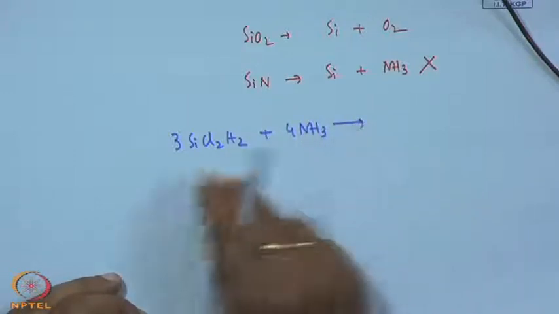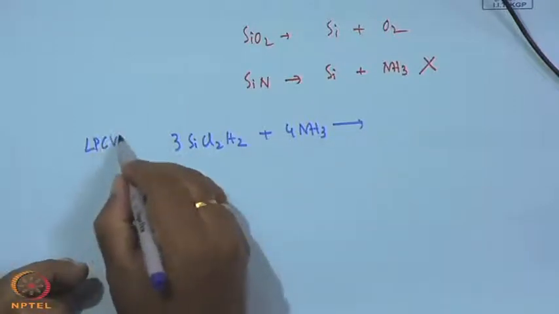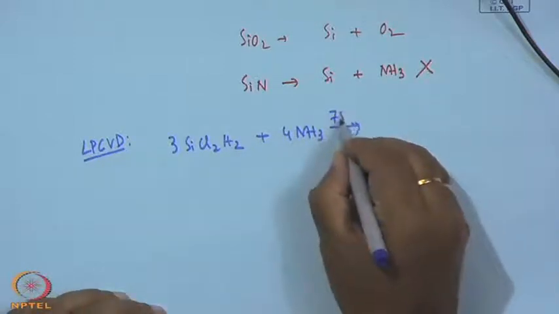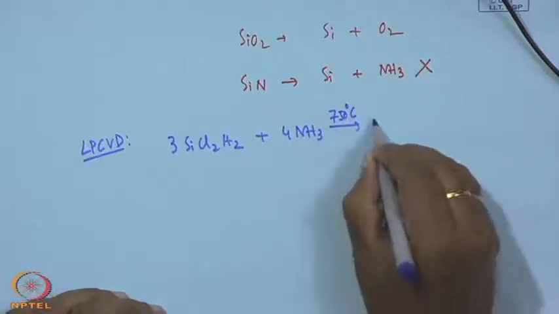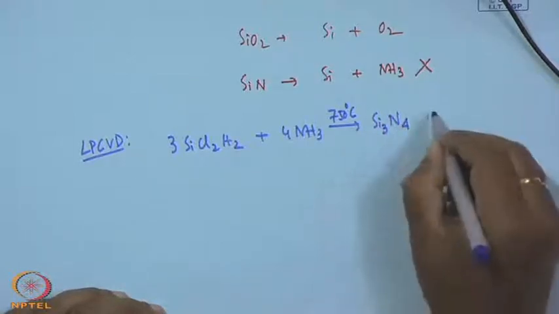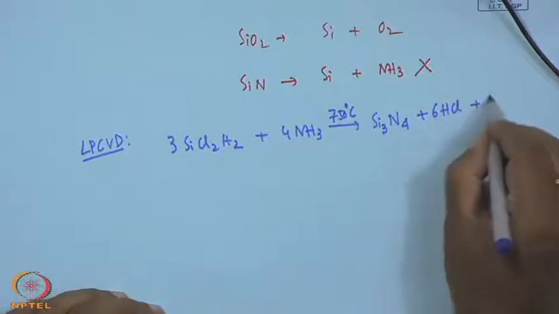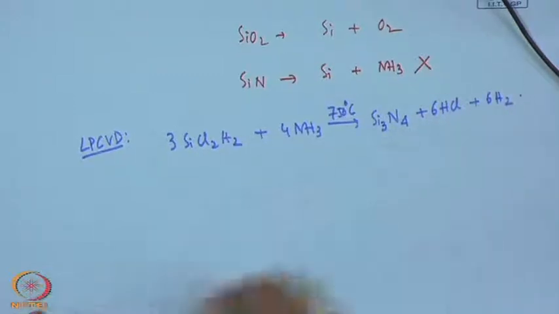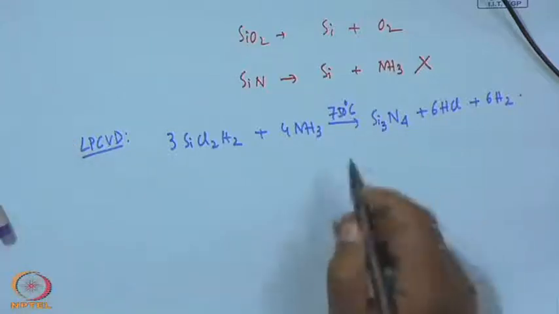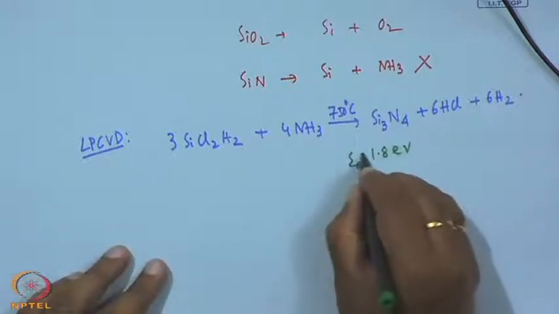Remember that this is not a direct nitridation, it is LPCVD or low pressure chemical vapor deposition. It takes place at 750 degree centigrade, and in this case you will get Si3N4. This is the silicon nitride apart from the byproducts hydrogen chloride and hydrogen. And the activation energy for this reaction is 1.8 electron volt.